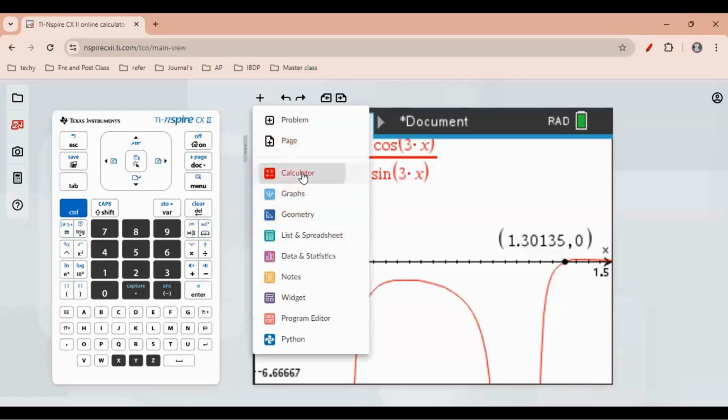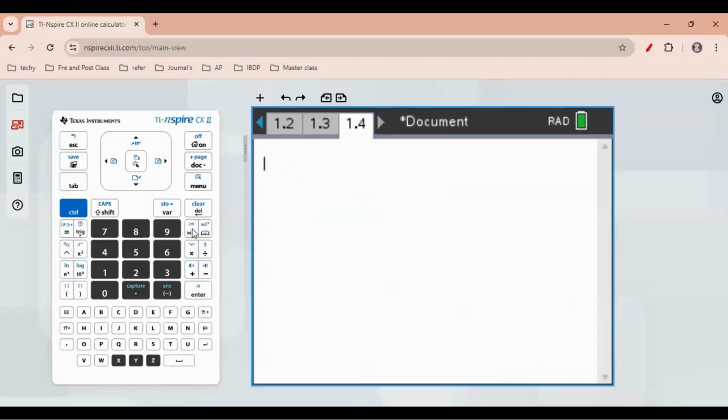Take a normal calculator. And we have a fraction value. So 9 times sin 3.9 divided by 16 times cos 5.2.